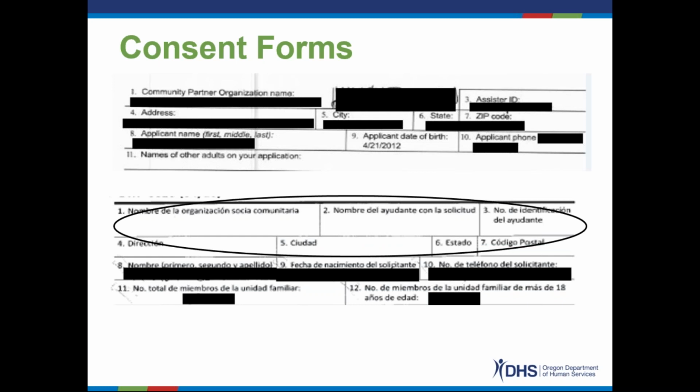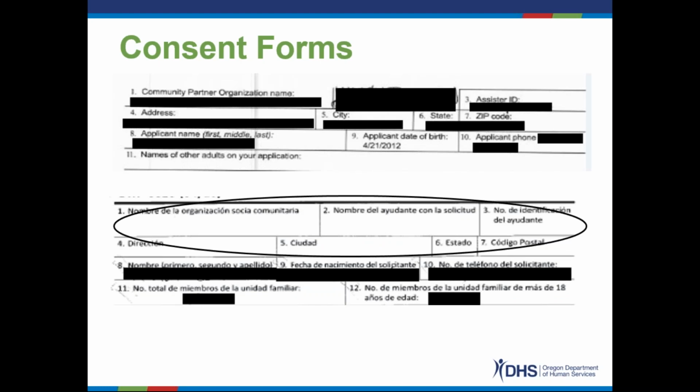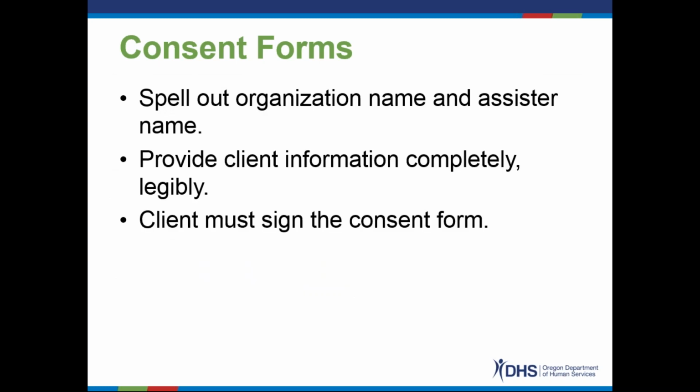We are seeing that the organization, the community partner's information, and assister ID are all missing, as well as the number of other adults on the application, etc. So we are seeing a number of fields missing in the consent forms that are coming in.